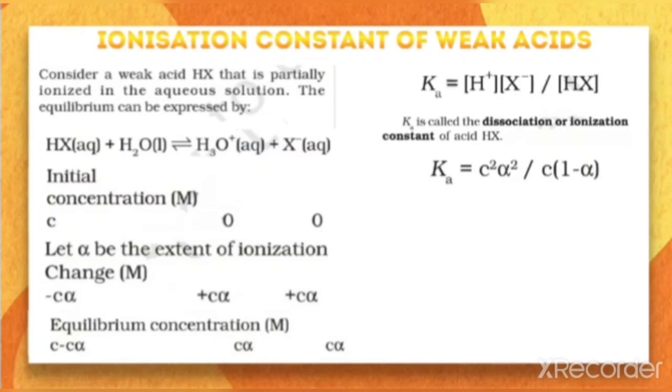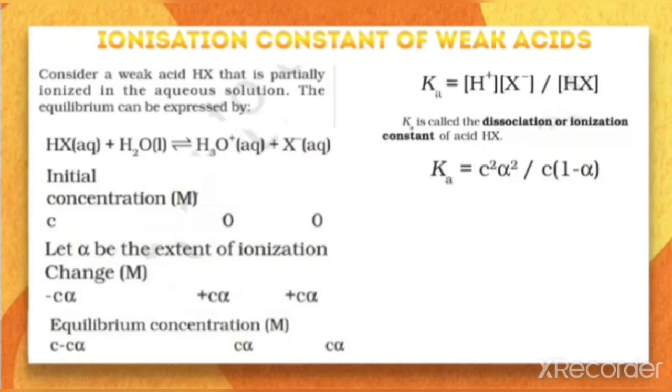The concentration of H+ and X- is C alpha, so that is C square alpha square, divided by C minus C alpha. Here we are taking C as common, so C in bracket 1 minus alpha.